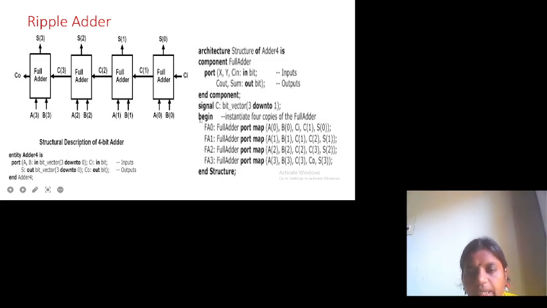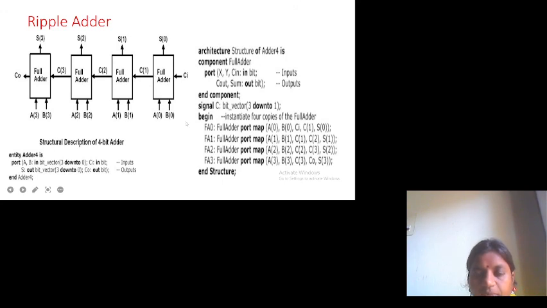Next, begin. Instantiate all the full adders by using port map. FA0, the first full adder, component name is full adder, port map of A of 0, B of 0, Ci, and outputs C of 1, S of 0.